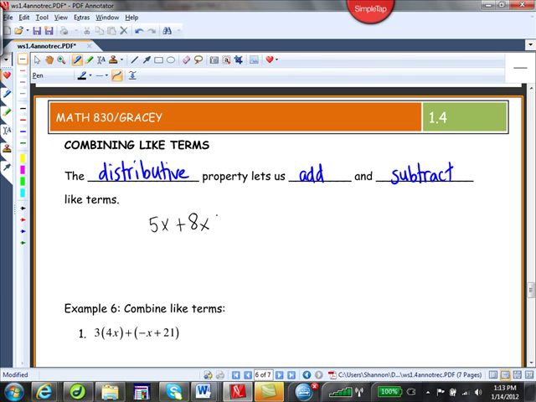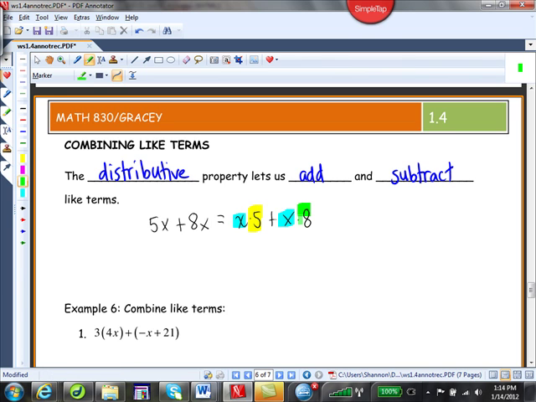Couldn't we write that as x times 5 plus x times 8 using the commutative property for each term? This x shows up twice, and then you've got the 5 and the 8.